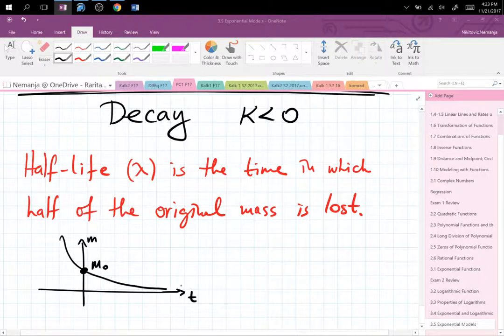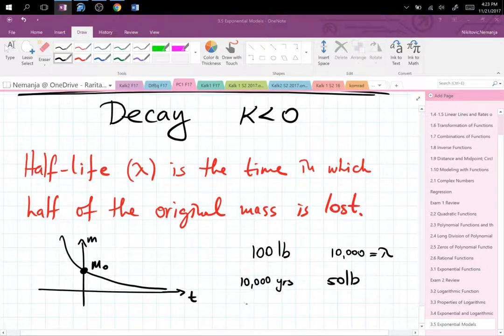Okay? So if you have 100 pounds of plastic, and it takes 10,000 years to lose half, so lambda is 10,000, that means that 10,000 years later, you have 50 pounds, and then if you wait another 10,000 years, so now it's 20,000 years later, you will have 25 pounds left.